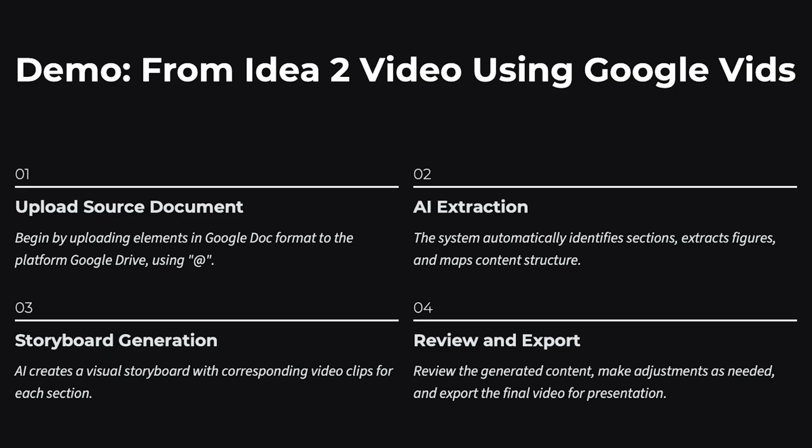Uploading source document. This is where I told you earlier about taking your notes, taking your presentation that's written down, that's not written down, but typed out. It can take that and with one command, formulate a presentation. And AI extraction, the system automatically identifies the sections, extracts the figures, and maps content structure.